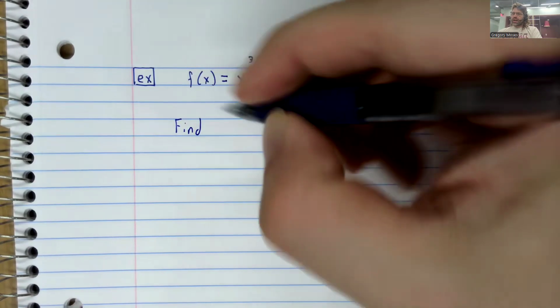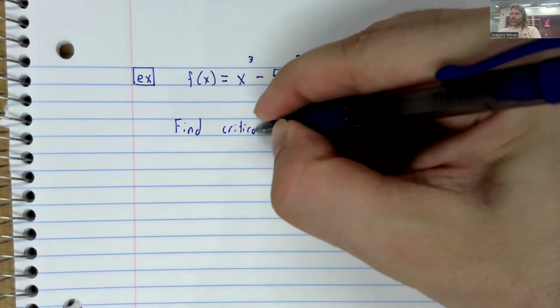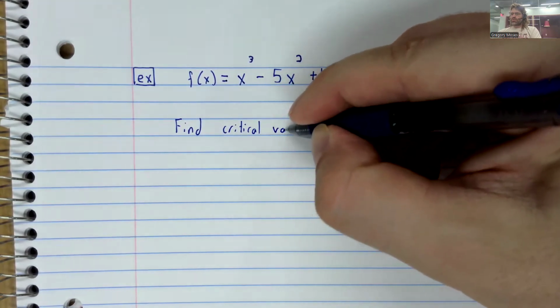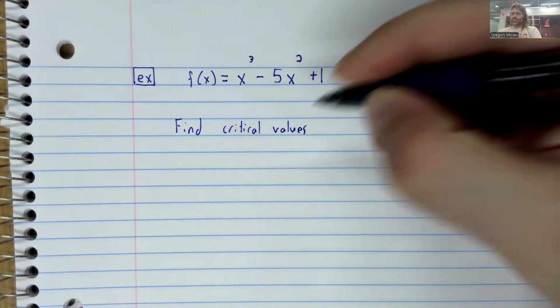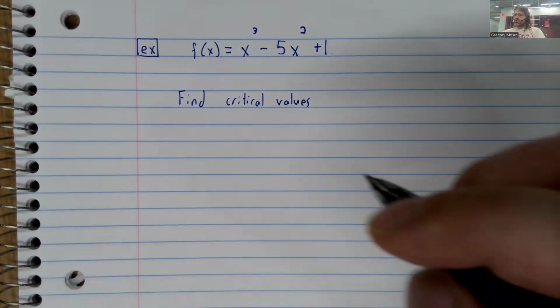And let's find the critical values. Our ultimate goal is going to be to find local extrema, but to start with, we'll just find critical values.